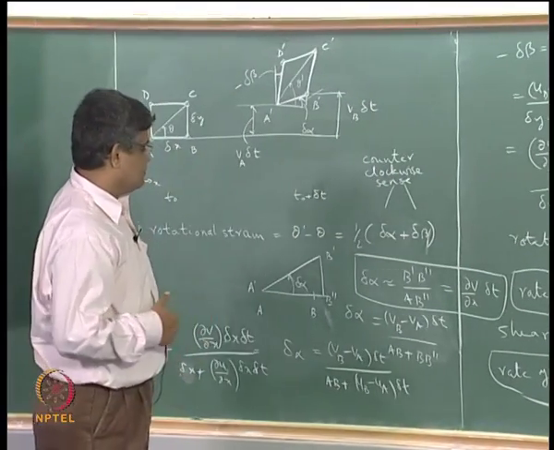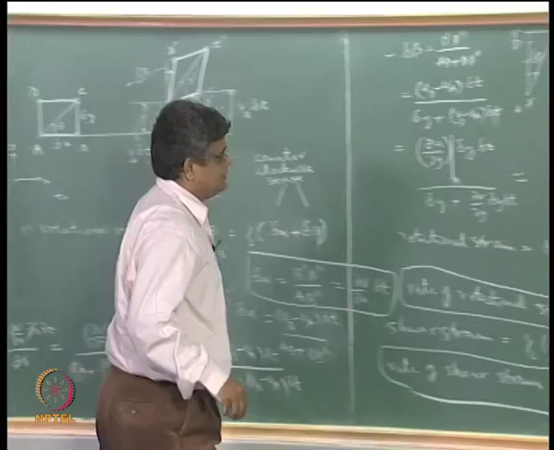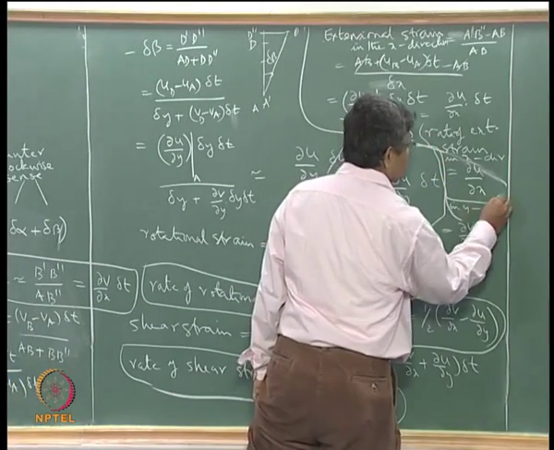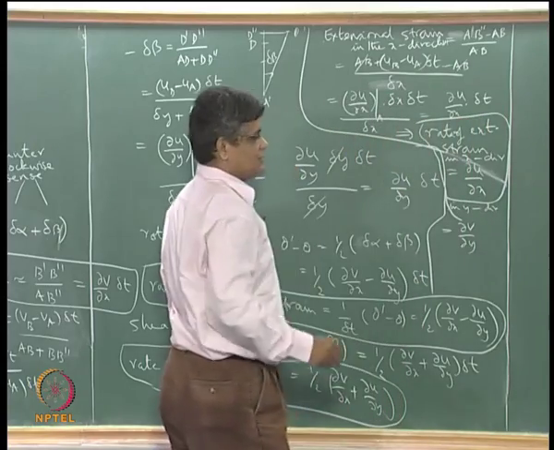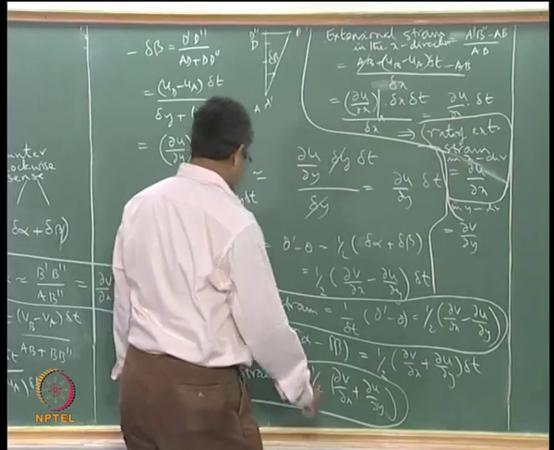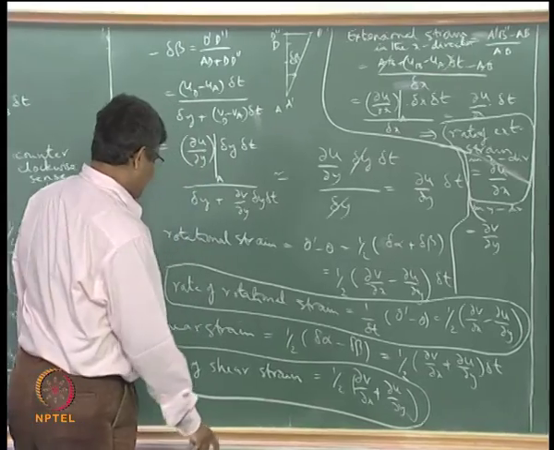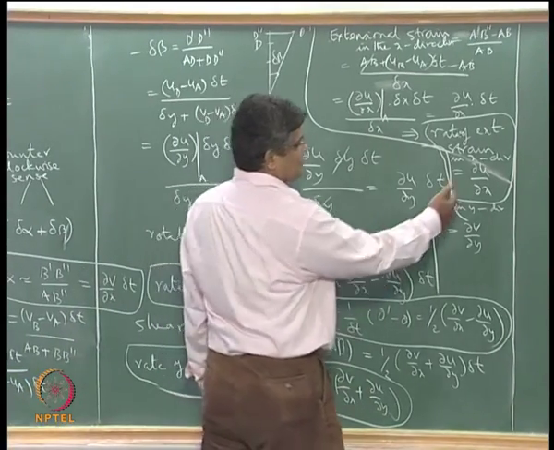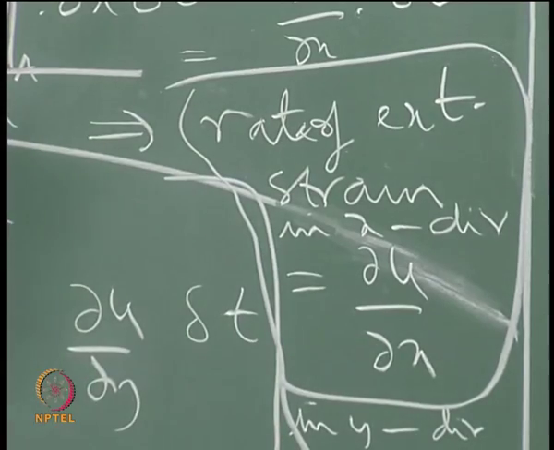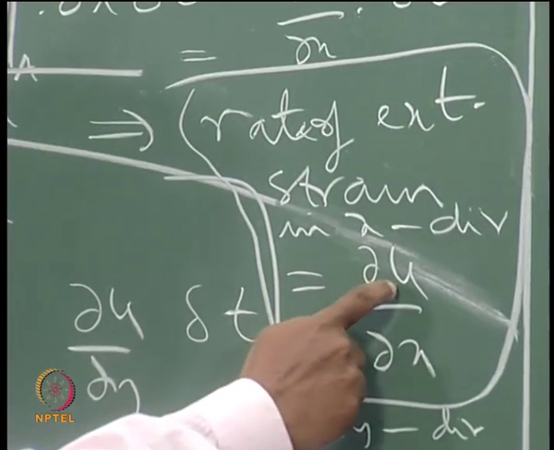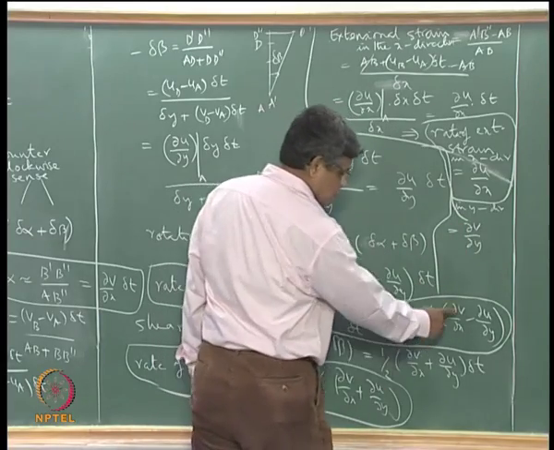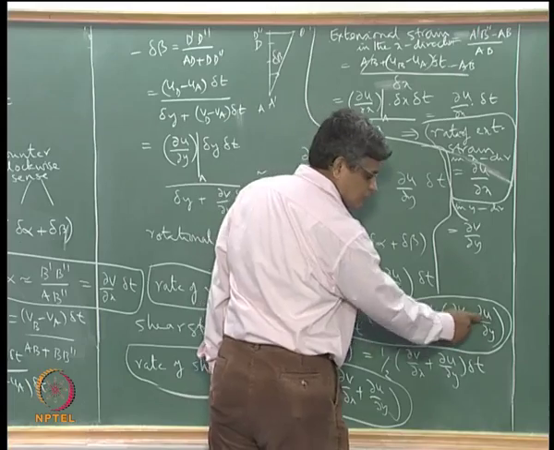So from this, what we can see is that the different strain rates, the rate of extensional strain, the rate of rotational strain and the rate of shear strain are all expressible in terms of the velocity gradients which are of different kinds. In this particular case dou u by dou x, dou v by dou y here, and this dou v by dou x minus dou u by dou y.